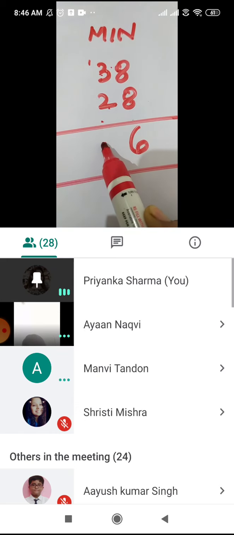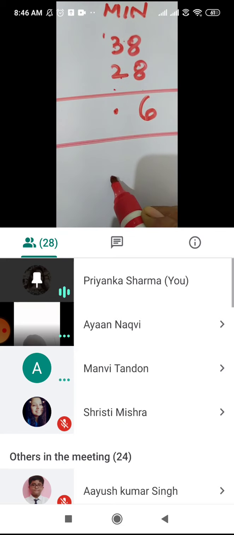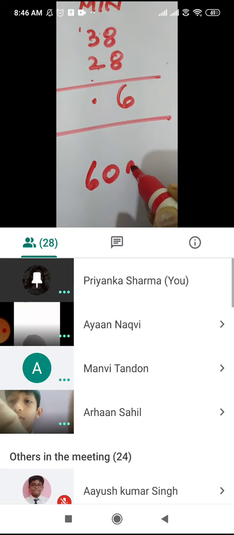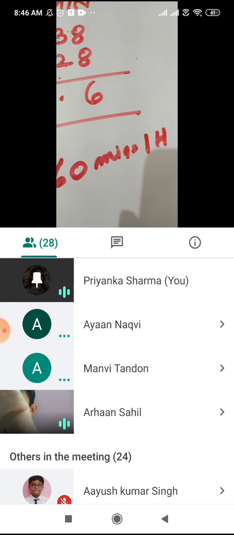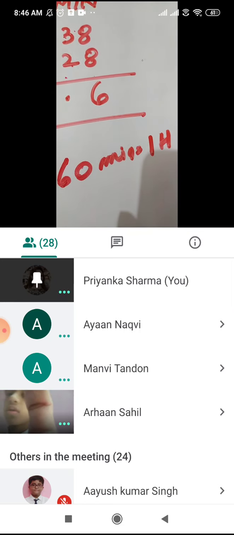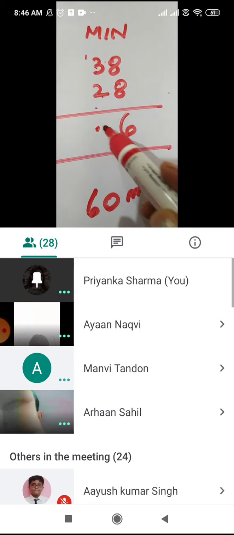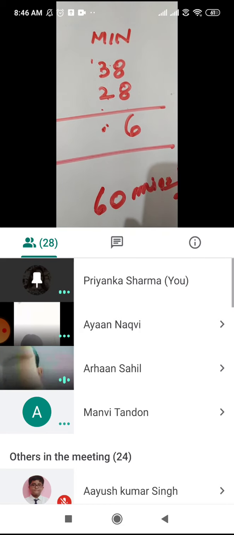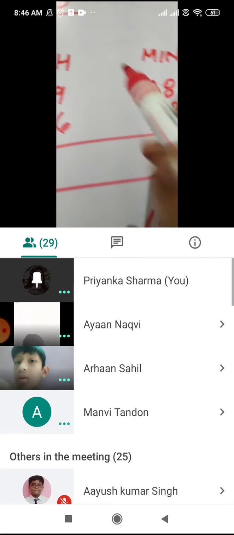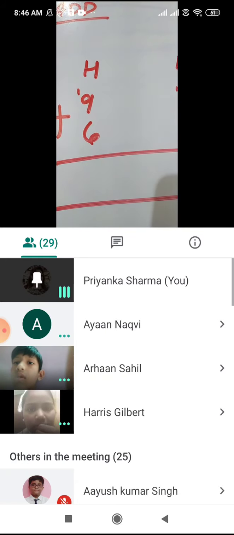When 6 or more than 6 comes in this column, we have to follow one rule: 60 minutes is equal to 1 hour. So whenever 6 or more than 6 comes, we carry over 1 to the hour column.